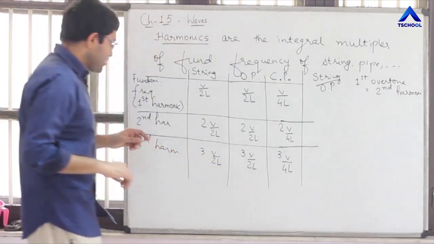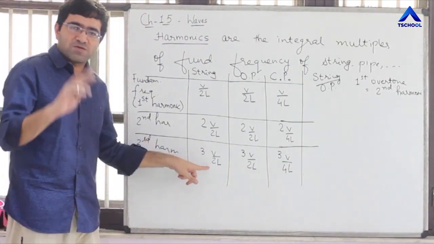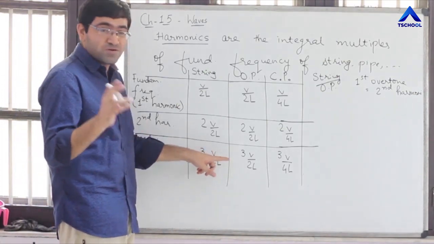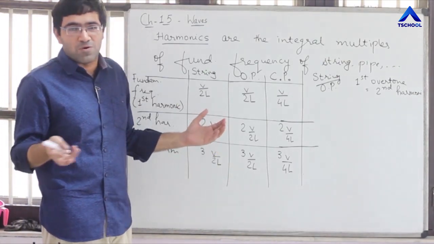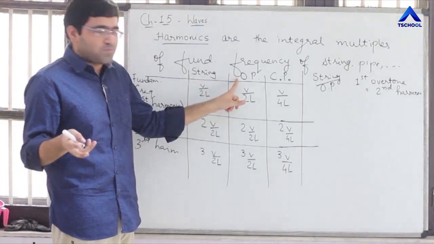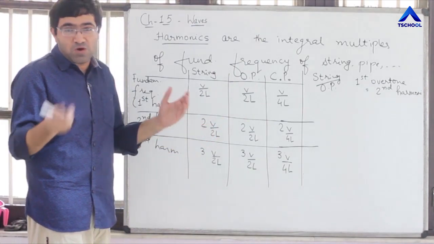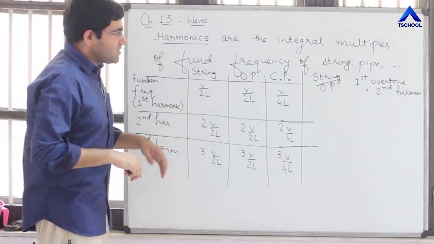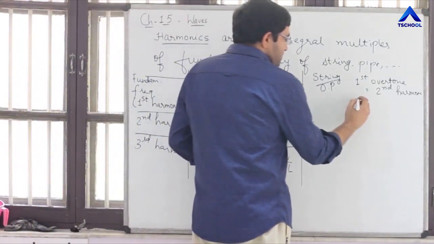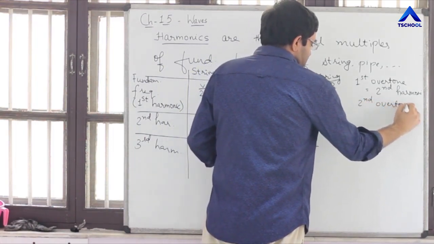Now if you look at the third harmonic, it is 3V by 2L, which is the frequency of the second overtone. Look at your notes. Second overtone frequency for a string or open pipe is going to be 3V by 2L, because the formula is NV by 2L. So what we are seeing is that for a string or open pipe you have this kind of relation.